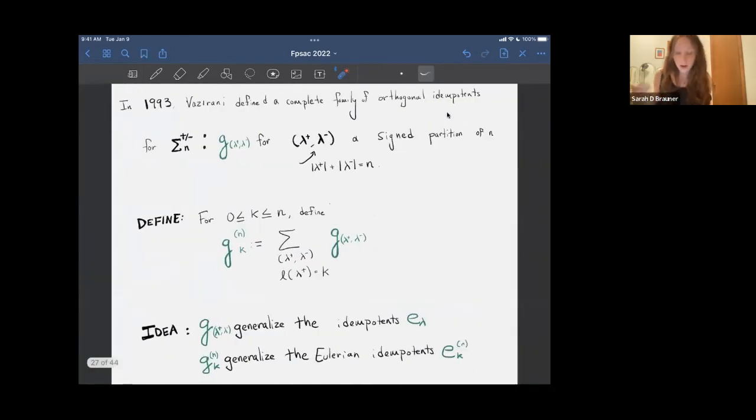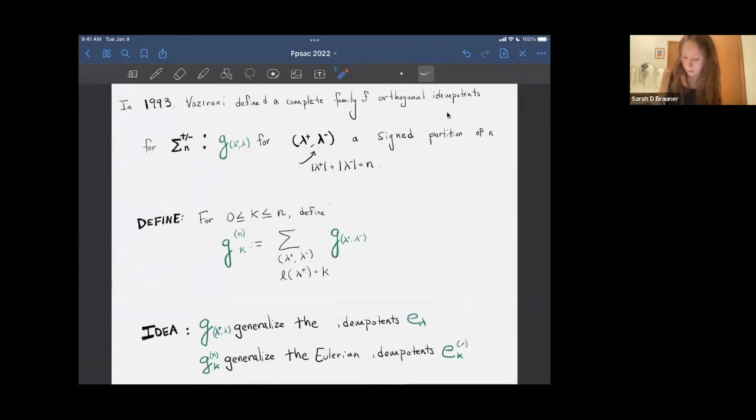Again, we have orthogonal idempotents that decompose this algebra. So this is due to Monica Bazzarani, who showed that the Mantaci-Reutenauer algebra has these orthogonal idempotents indexed now by signed partitions, okay? And I'm going to do the analogous thing that we did in type A, that I'm going to coarsen these primitive idempotents by summing over certain ones.